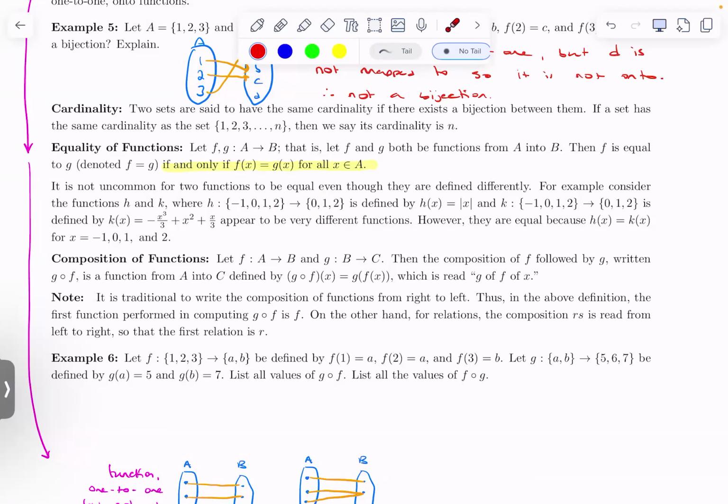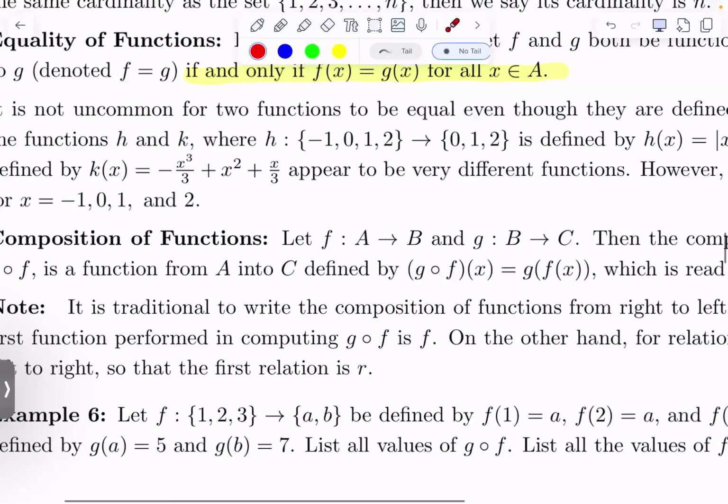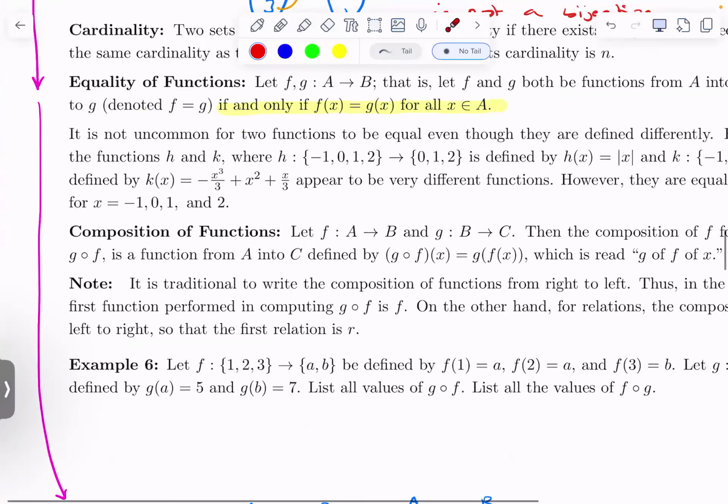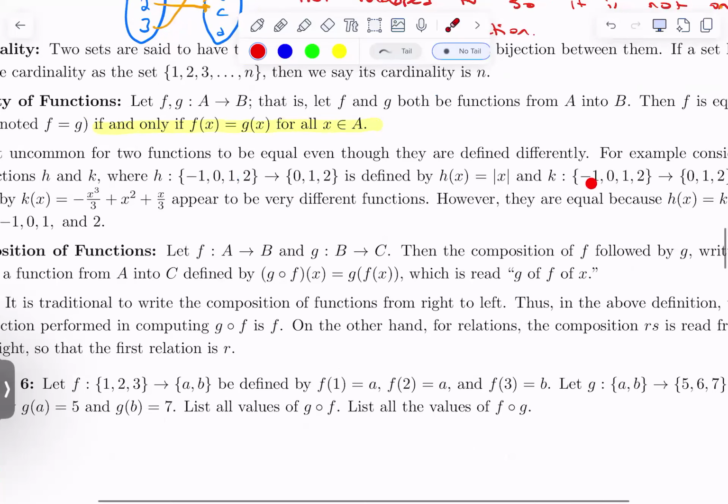And k does the same thing, but it maps from -x^3/3 + x^2 + x/3. These things don't look the same at all. But if you go through and plug in -1, I guess technically from this set here, you should get 1. And if you plug in 0, you should get 0. If you plug in 1, you should get 1. And if you plug in 2, you should get 2. I didn't try it, but I trust that they know what they're saying.